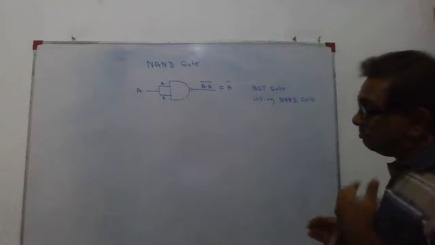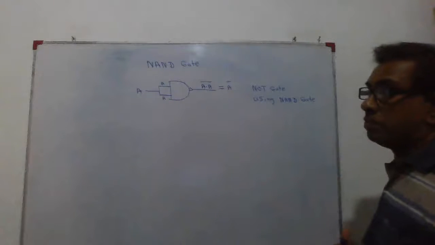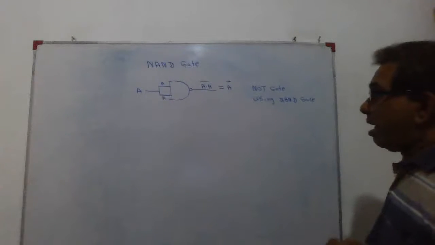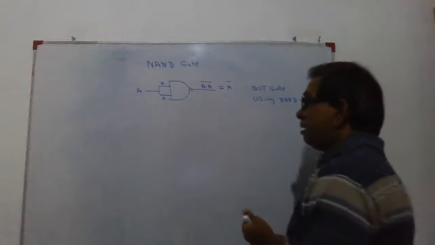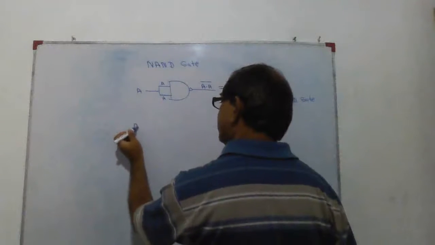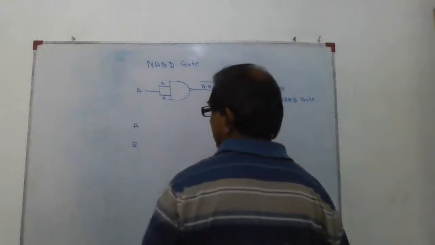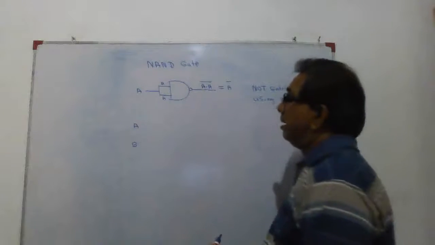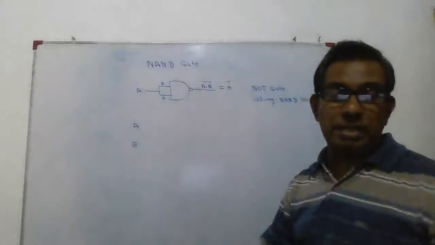Then let's see another example. What is the second one? It should be AND gate. Here, if it is AND gate, we need two variables, A and B. Otherwise, we cannot say.